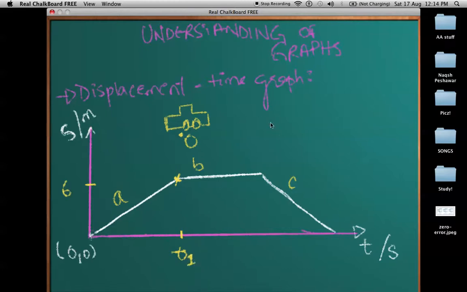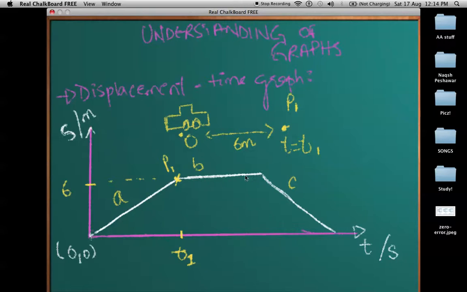By this time, the car has reached a point, let's say point 1, which is 6 meters away from 0. So at t equals t1, some random time, this car is now here, which is 6 meters.